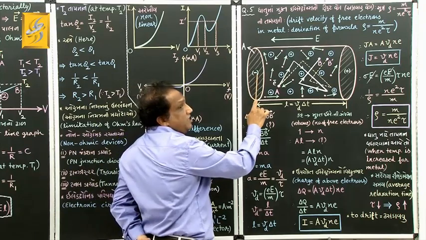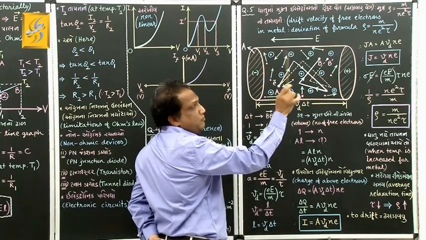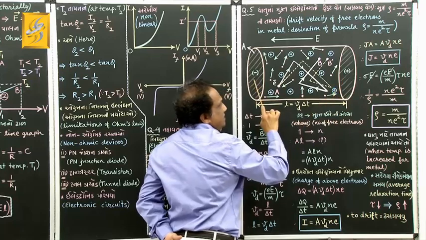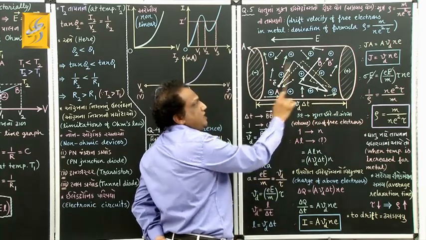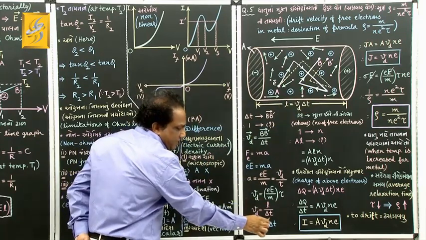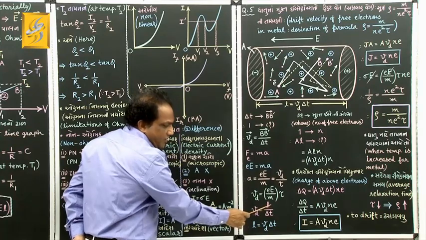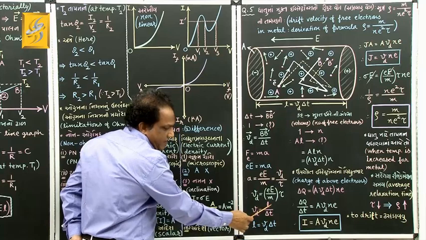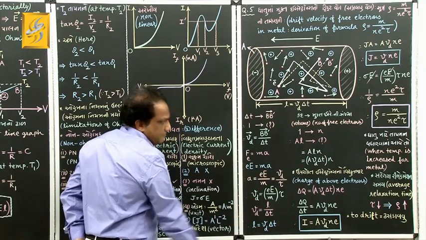When the electron drifts from here to here, it travels a distance equal to the length of the wire, L, and the corresponding time interval is, suppose, delta t. So L will be Vd into delta t, fine.